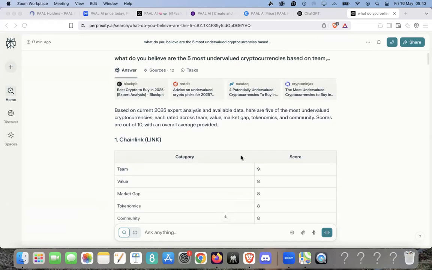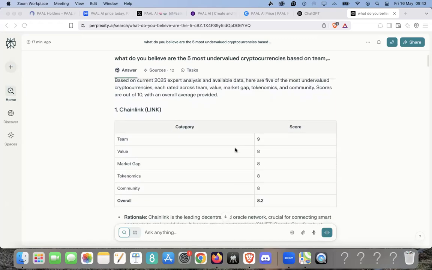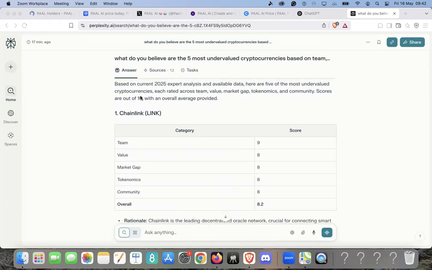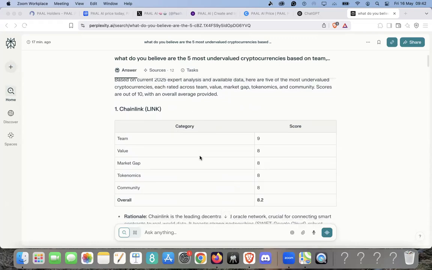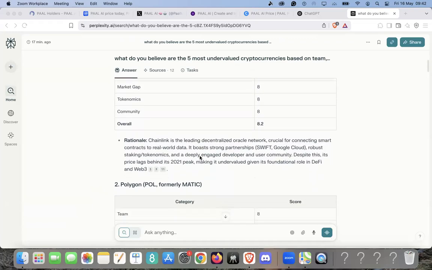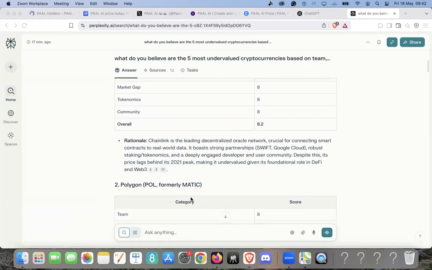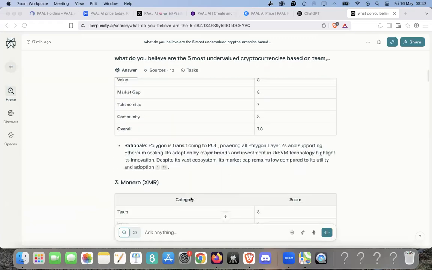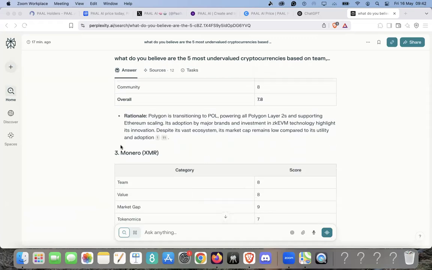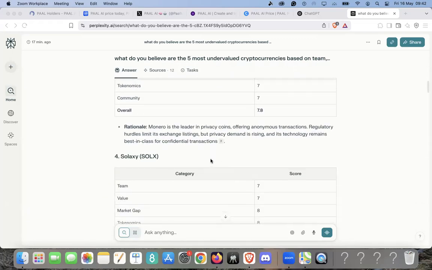Because what you'll see, it gives us, I think, a selection of dino coins to kick things off, because Chainlink is old news. And yes, it's probably going to do well. And yes, it's a very solid project, and it will probably go up. The same with Polygon. Now, both of these have massively underperformed in the cycle so far. Monero is a privacy coin, again, massively underperformed.